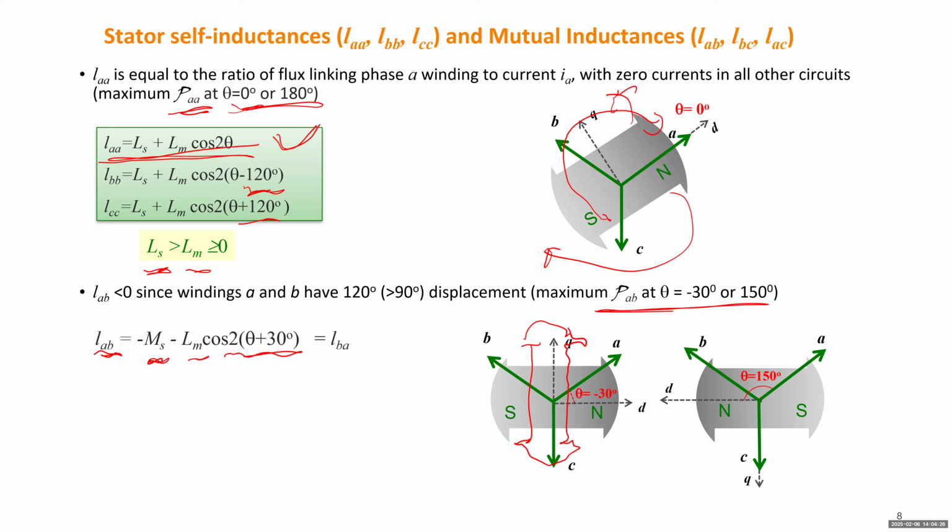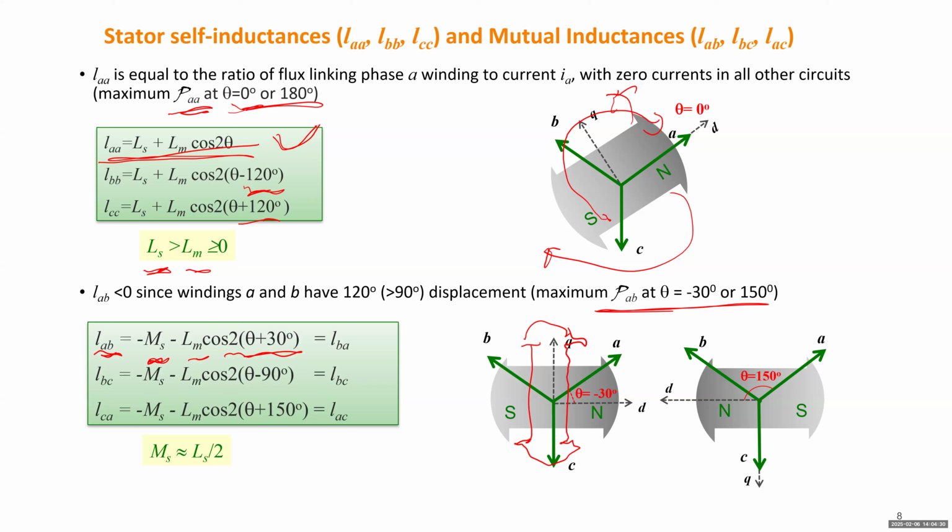And it is also equal to the LBA. By adding the negative 120 degree phase and negative 240 degree phase, we can easily get the other two formulas for LBC and LCA. Kundur's book explains why the mutual part, the capital MS, is about half of the self-inductance. I don't go into this detail.